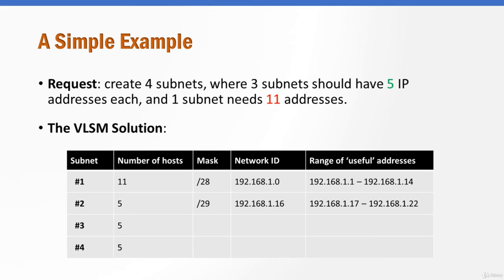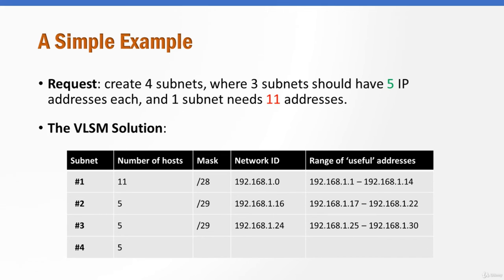So for the other 2 subnets, it's actually going to be easy because the mask is the same. We only need to calculate the range. So for subnet 3, mask is /29. The network ID is going to be the next free IP address after the broadcast address of 192.168.1.23 from the previous subnet.